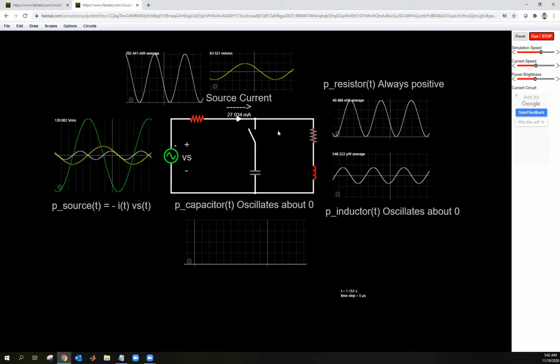You'll also see that the current bounces back and forth internally, and this capacitor helps to keep all the energy in here. This dissipated power, which is actually useful power to you, is going to stay the same. Notice we have 40 milliwatts here. We want to maintain 40 milliwatts.